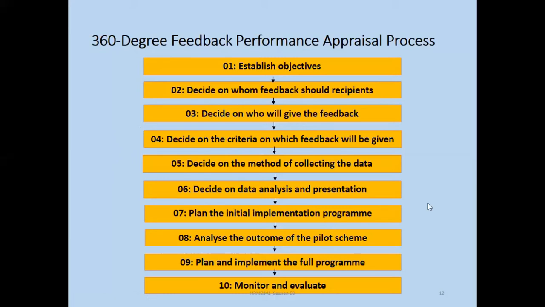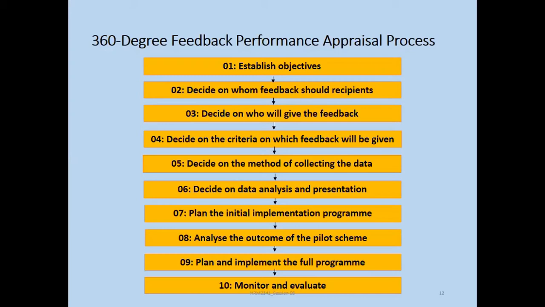The first step is establish objectives. Second, decide on whom performance feedback should be recipients. Third, decide on whom will give the feedback. Fourth, decide on the criteria on which performance feedback will be given. The fifth step, decide on the method of collecting the data.